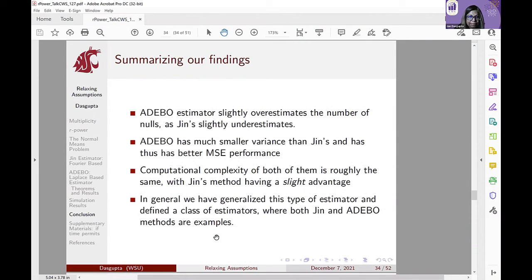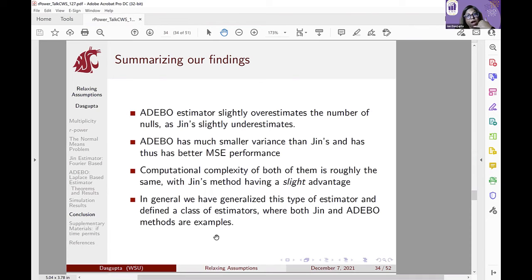Our findings are that yes, the Audible estimator overestimates and Gene's estimator slightly underestimates, but with Audible's technique the variance and the mean square error are so much smaller that, in comparing those two estimators, there is no question that Audible's estimator has a much better performance.